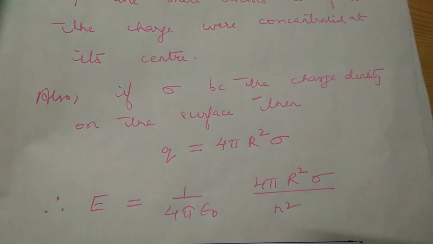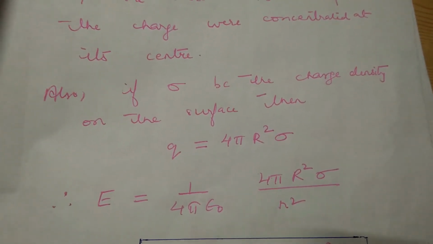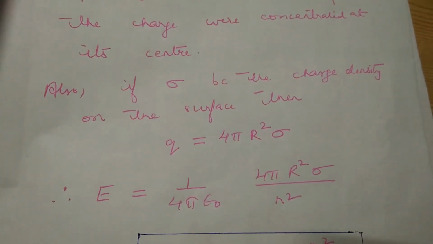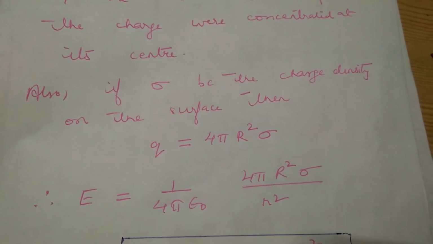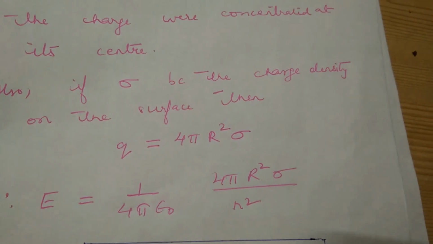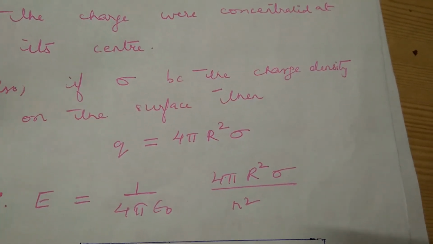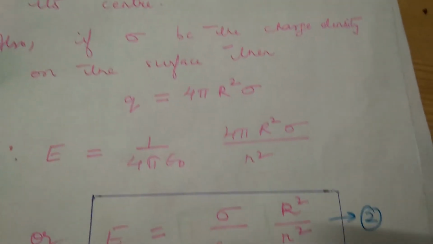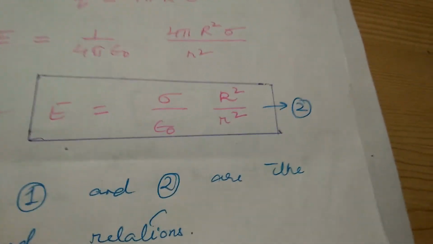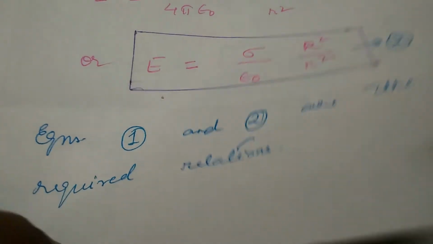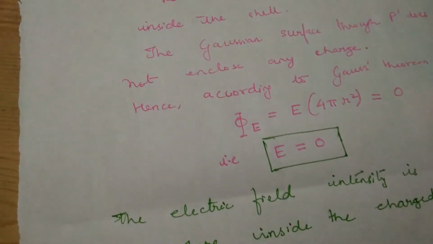If sigma is the charge density, meaning charge per unit area, then Q is 4 pi R square sigma. So if we use this, the electric field formula changes like this. Instead of Q, we can write 4 pi R square sigma. So we have an alternate formula. So equations 1 and 2 are the required relations. This is for an external point.